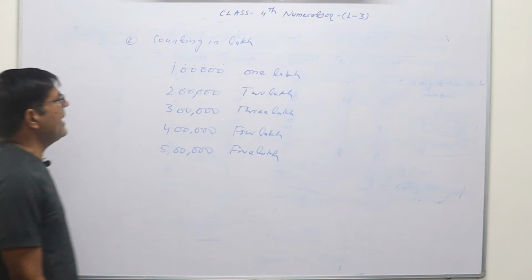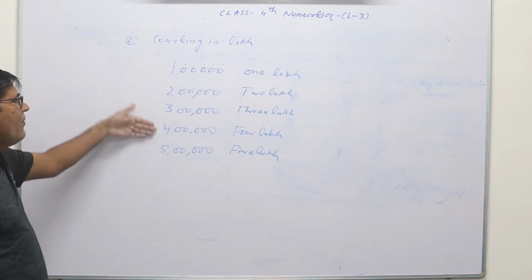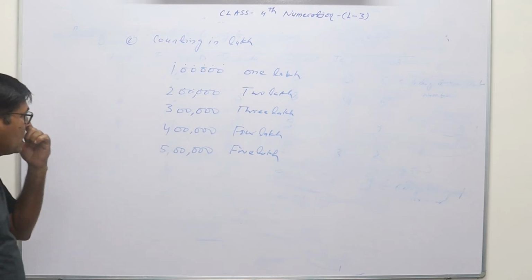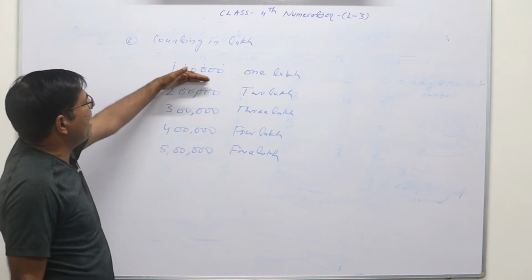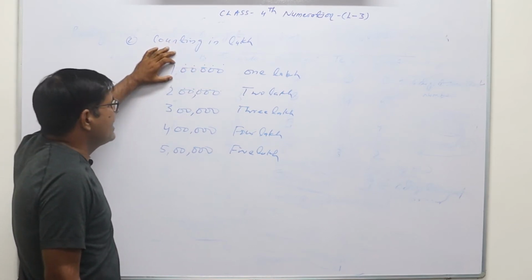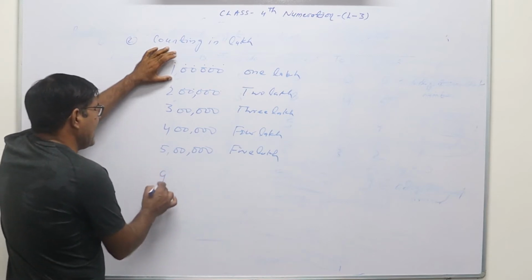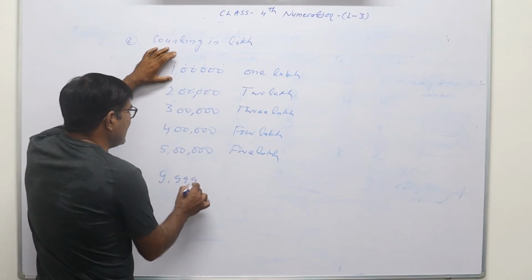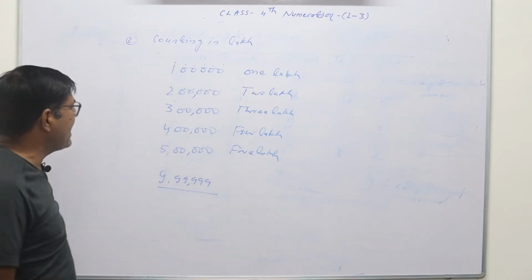In this way we can count the lakhs: 1 lakh, 2 lakh, 3 lakh, 4 lakh and 5 lakh. A number in lakhs has a total of 6 digits, and 1 lakh is the smallest 6-digit number, and 9,99,999 is the 6-digit largest number.